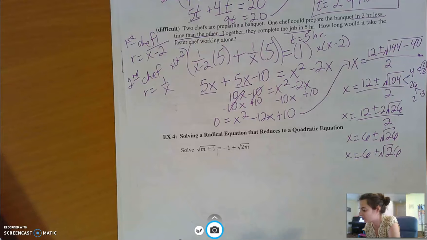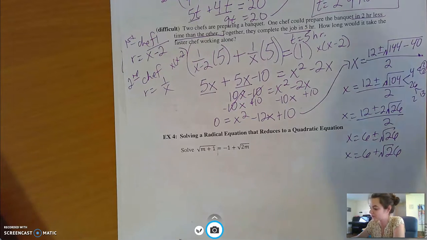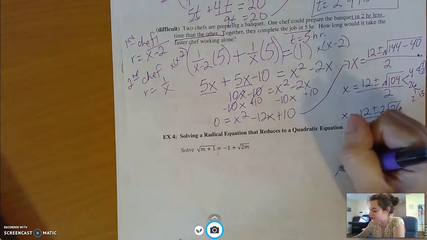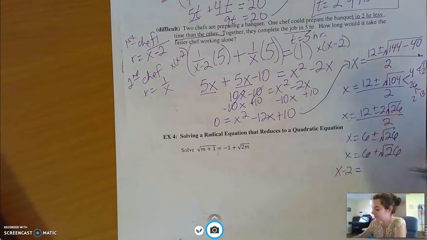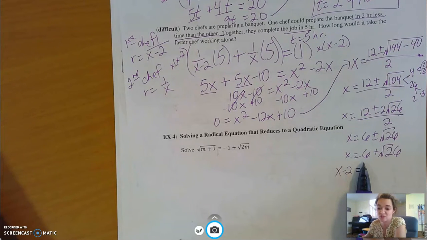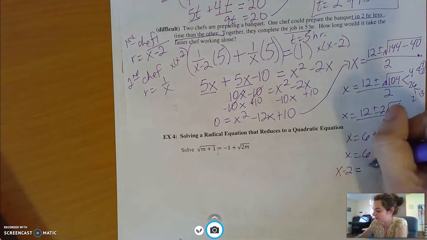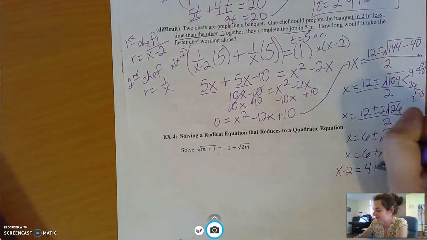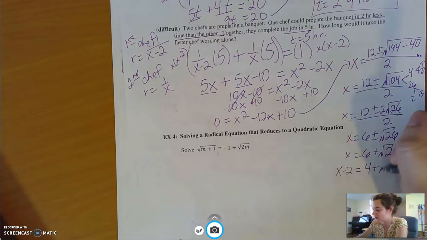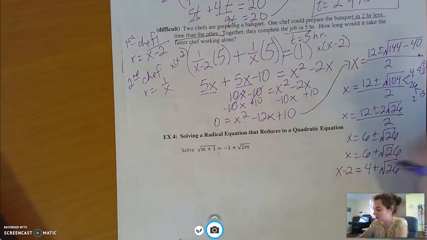But it asks for how long it's going to take the faster chef working alone. So the faster chef was x minus 2. So if I take this x value and just subtract 2 from it, I'm only going to subtract it from the rational number. 6 minus 2 would be 4. So the faster chef, the exact amount is 4 plus the square root of 26.